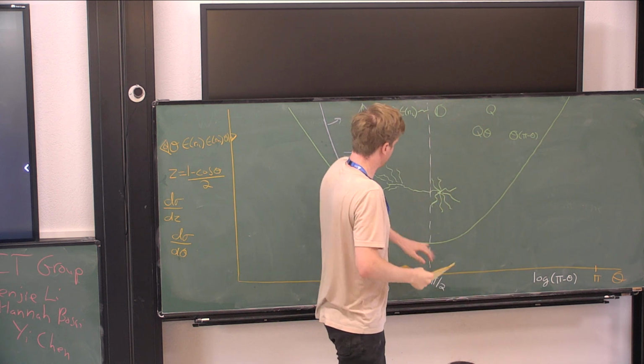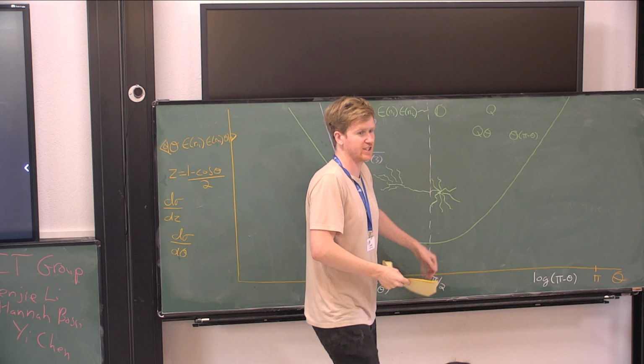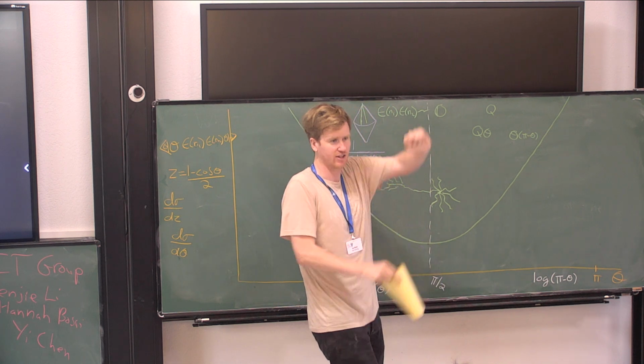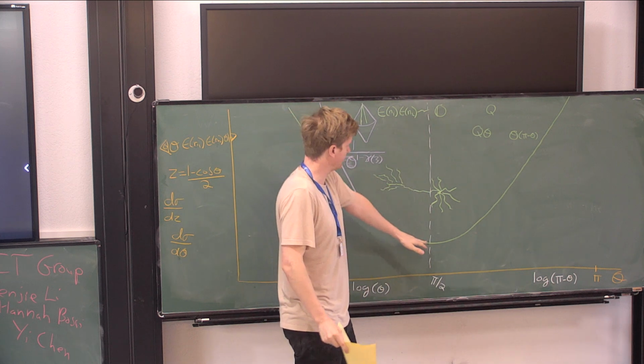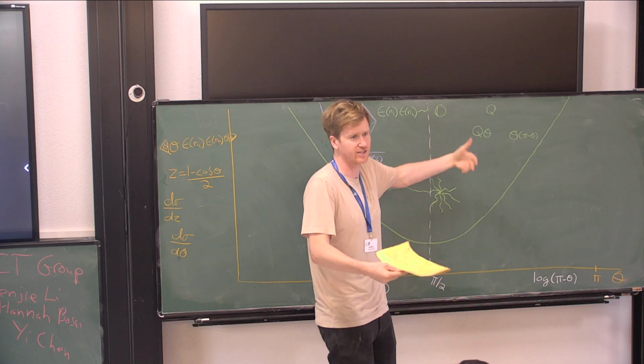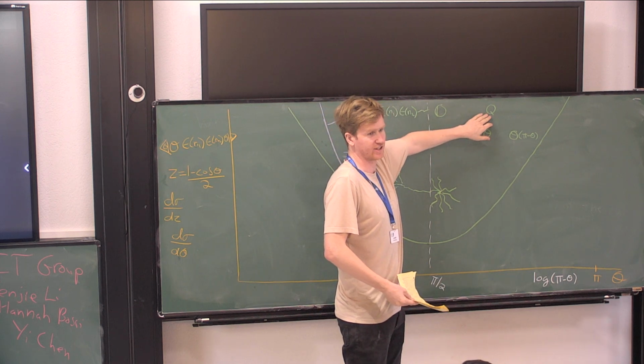In the bulk of your distribution, theta is order 1, everything is hard and just goes to different angles. There's no other parameter in your theory, so all the dynamics is at the scale q.